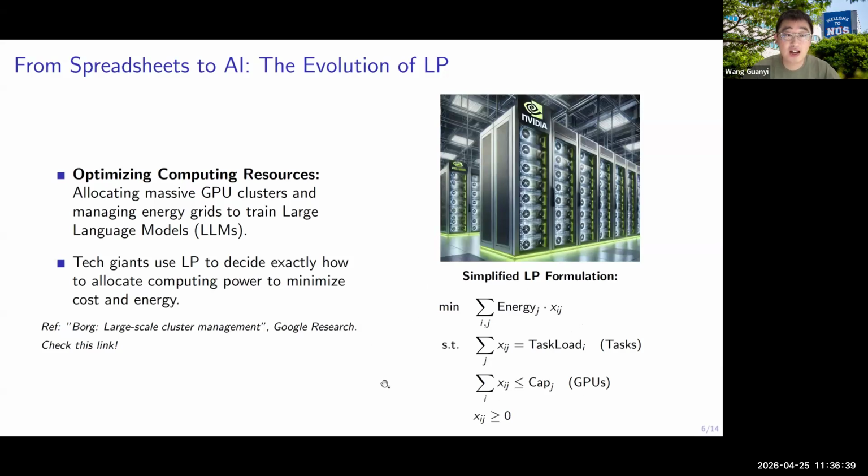So this is the simplified linear programming formulation. If you would like to check the details, you might search for the large-scale cluster manager. I think it has a blog that gives you a very brief introduction to what their formulation looks like in detail.